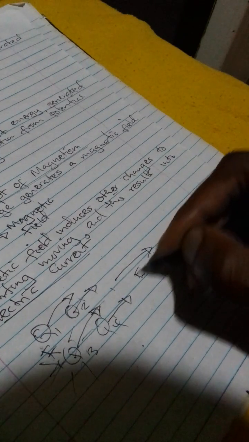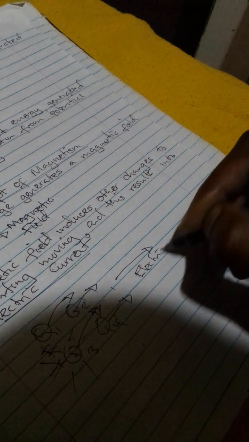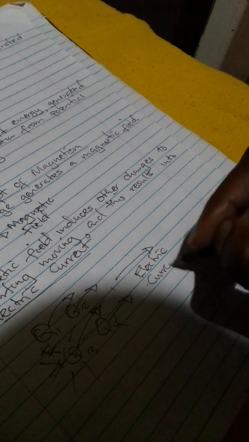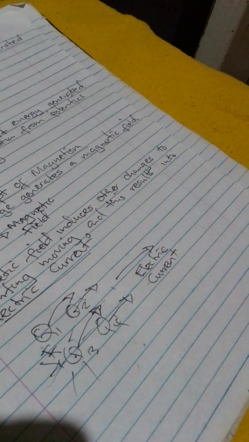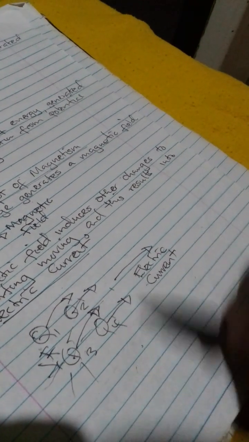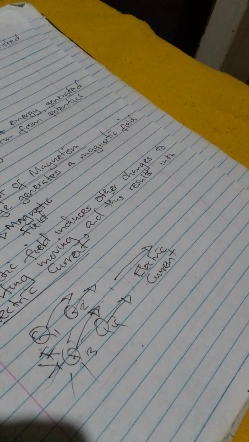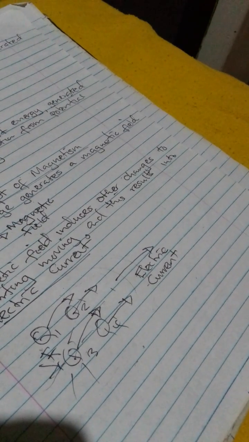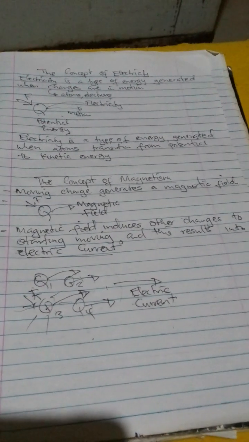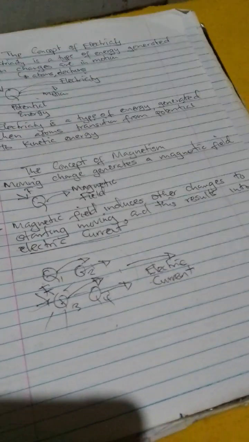An electric current. And we all know that an electric current is actually a flow of what? Multiple charges. So this is what you need to know about the concept of electricity and also the concept of magnetism.